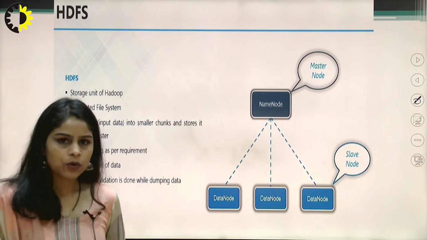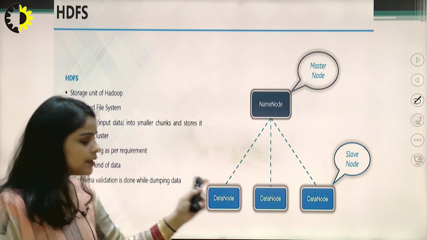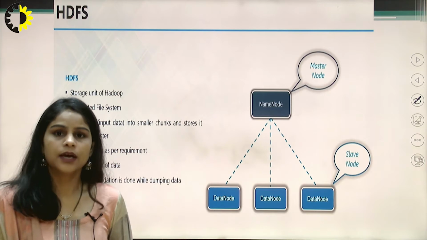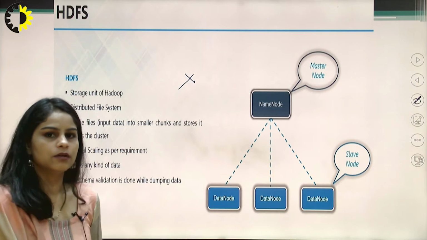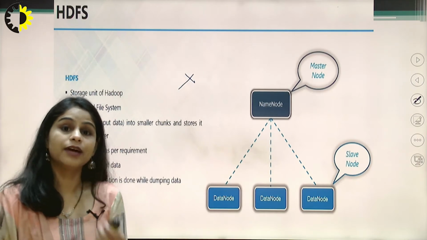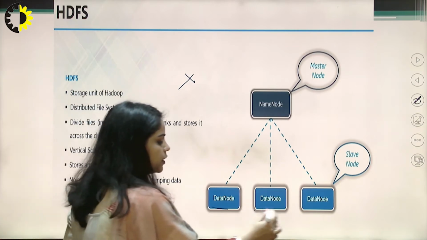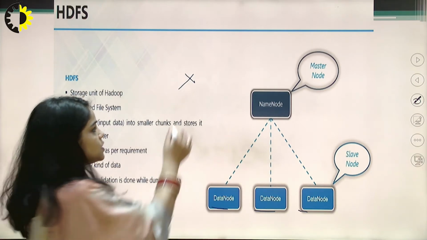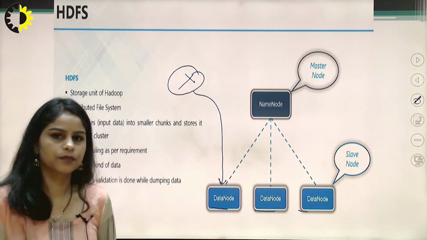Now, the name node maintains a record of all the data blocks that are stored in these data nodes, right? If I'm dumping a file X, where this file is saved, where HDFS is storing this file, the location will be any of the data nodes or more than one data node. The file will actually be dumped on these data nodes.